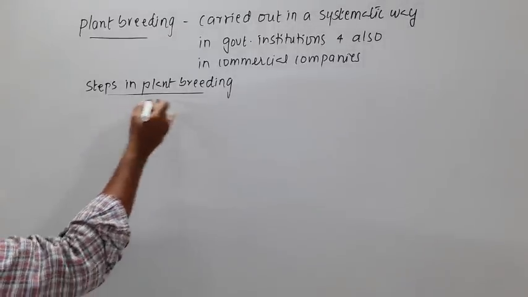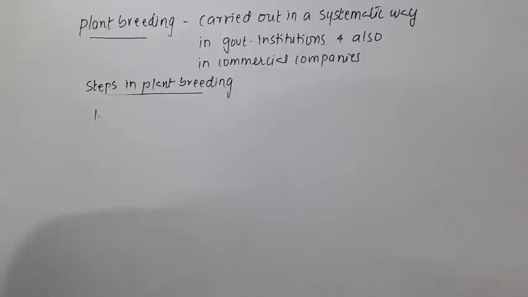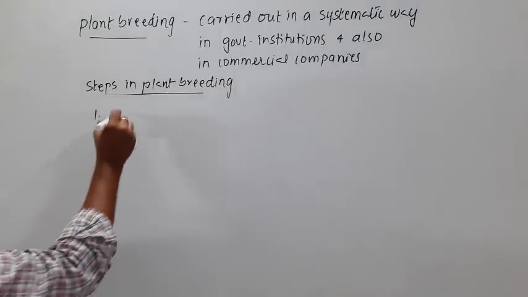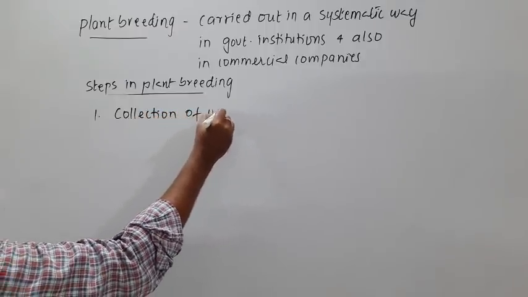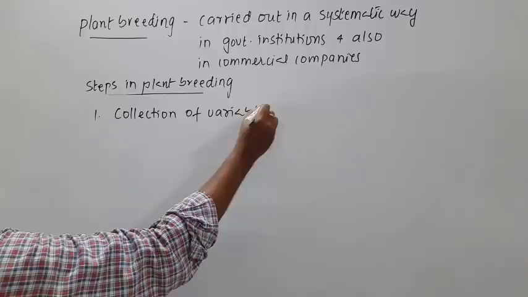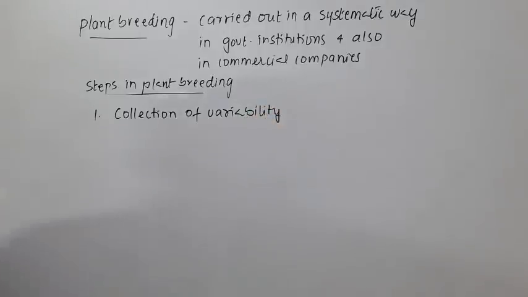The first step in plant breeding, as I mentioned, is collection of variability. Variations means differences. Not all plants will have all the desirable characters.